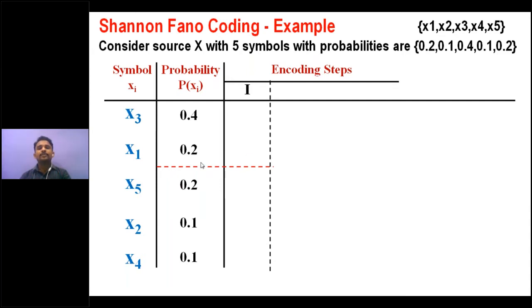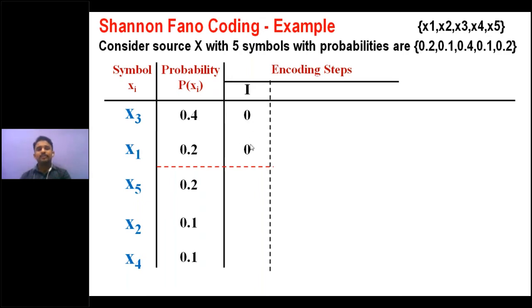Once again, I am repeating. Those symbols above the partition will be allocated the symbol 0, and below the partition line will be allocated the symbol 1. Now, as per that, above the partition I have the two symbols x3 and x1.